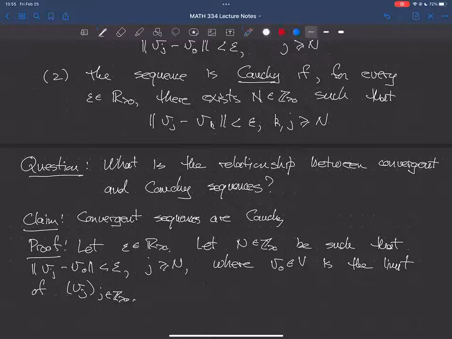And so I know that therefore there exists an n so that the distance between Vj and the limit V naught is less than epsilon over 2 for large enough j. Okay, so that defines my n.